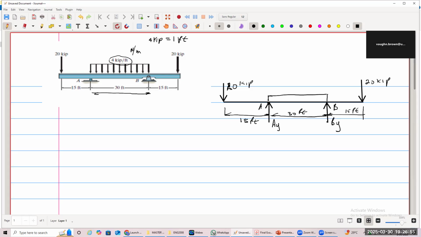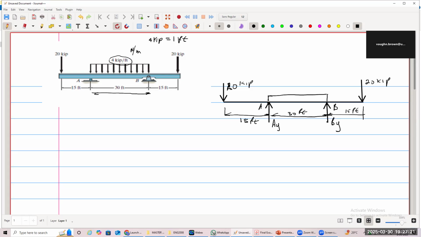Right? So basically what it's saying is that along this part, that is it. In order to get the force coming down, you must multiply. Look for the length, always the complete length of the span of the UDL, which we call uniform distributed load. In this case, it is 30, and the ratio we have in terms of kips per feet is 4.